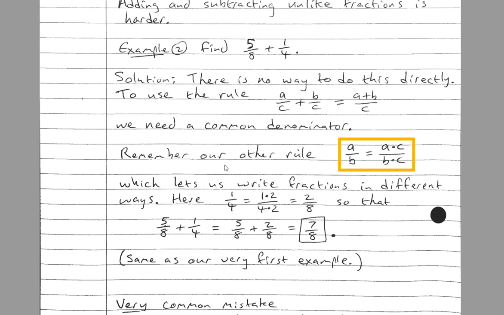Well, if you remember, we can write fractions differently. If you have a fraction a over b, that's equal to a times c over b times c for any number c. So there are lots of equivalent fractions.